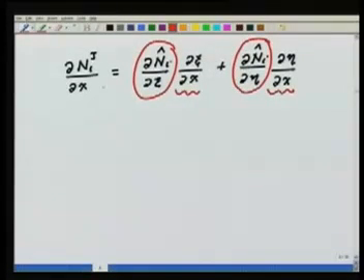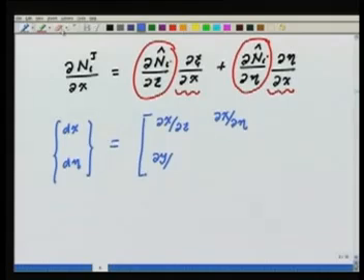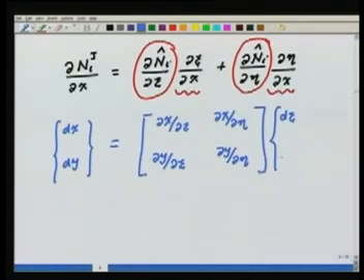As we had done in the previous class, that our dx dy is equal to del x del psi, del x del eta, del y del psi, del y del eta, d psi d eta. And now this is the so called Jacobian matrix.